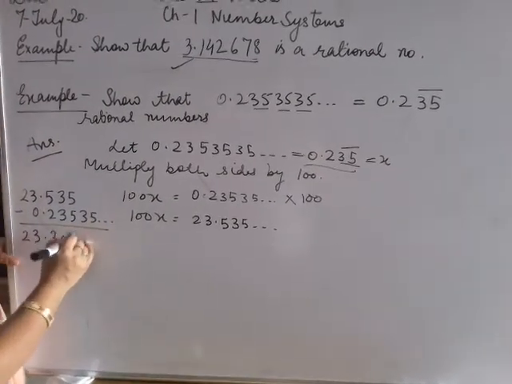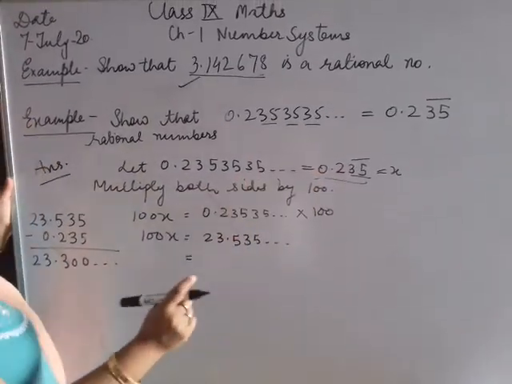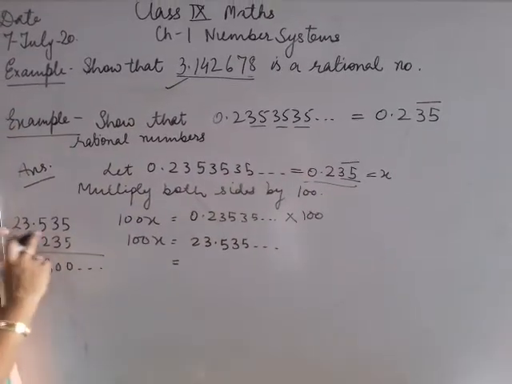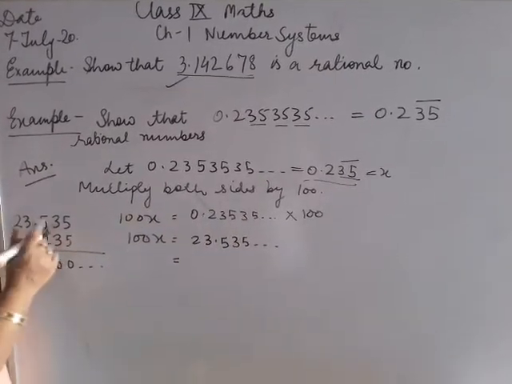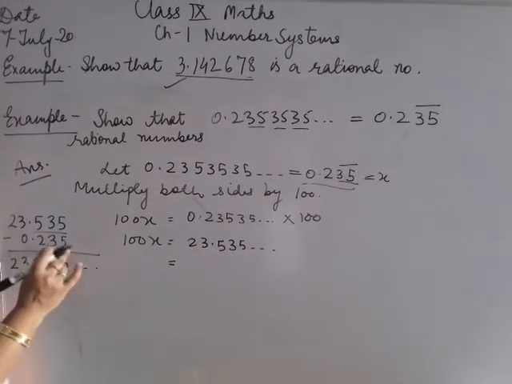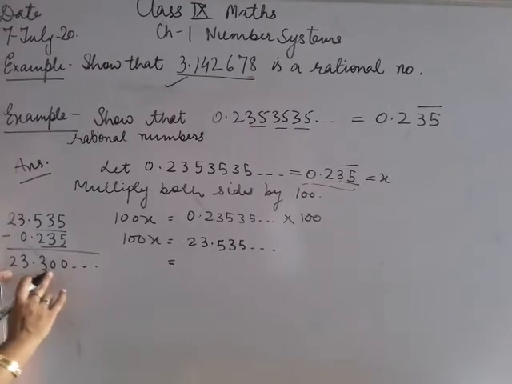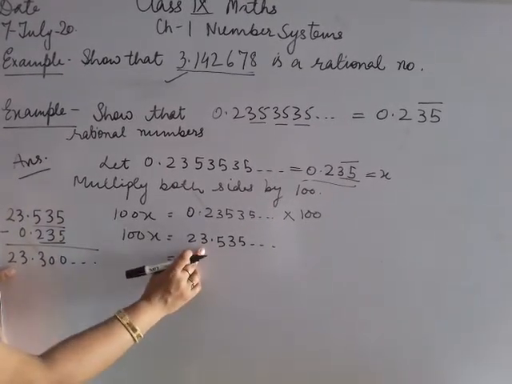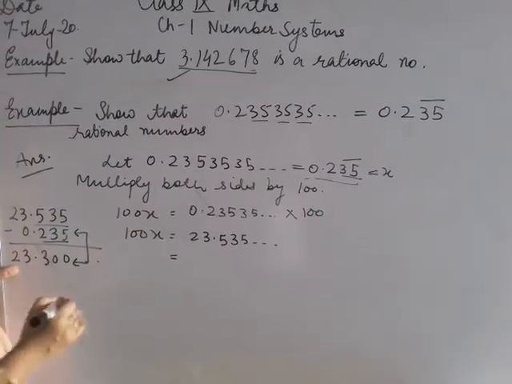Okay, and 0.535, we have to convert this in the form of x. So the simple method is the given number minus x number. We have 3 places of decimal here, so we will take 3 places of decimal for 0.235. Okay, so subtract this, we get 23.300. That is, this number can now be written as the sum of these two numbers.